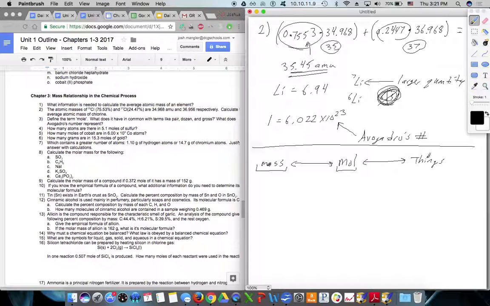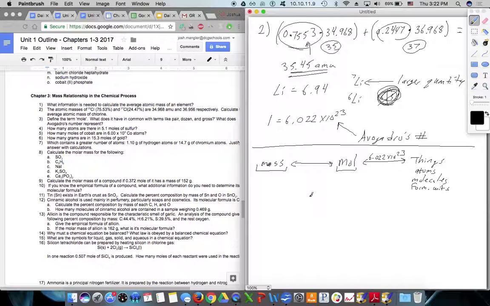We don't often get into things, and kind of the point of having moles is so that we don't have to deal with things, because that's too cumbersome. That being said, we still do it from time to time, and things would be stuff like atoms, molecules, formula units, and other things like that. So we can convert into those using Avogadro's number.